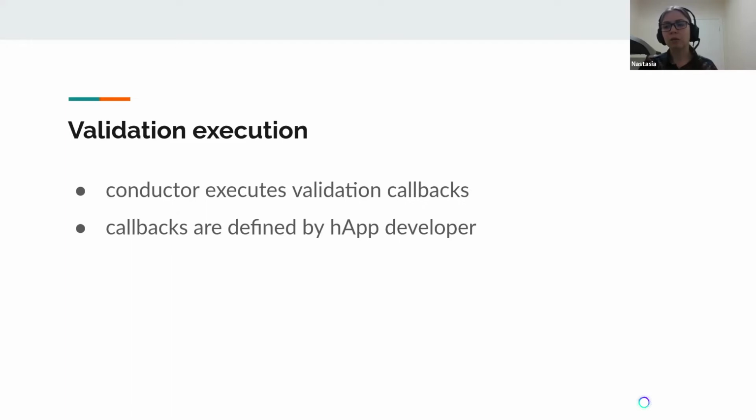It's rather the opposite. You can define as many callbacks for entries that you have written, and every callback that you have defined and exposed in your Zome API would be executed by the conductor. But by default, there are no validation rules applied to your entries if you didn't write any. So that's a very short overview of what validation is from the technical perspective and how to work with it as a developer.